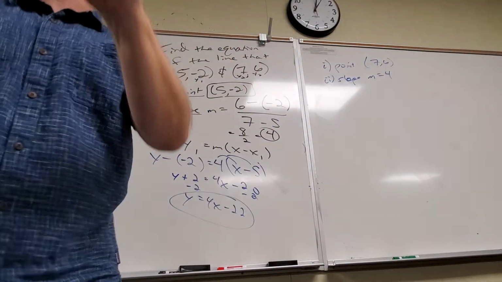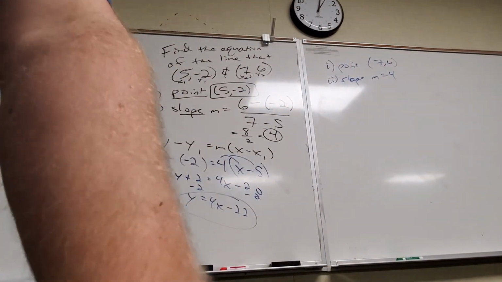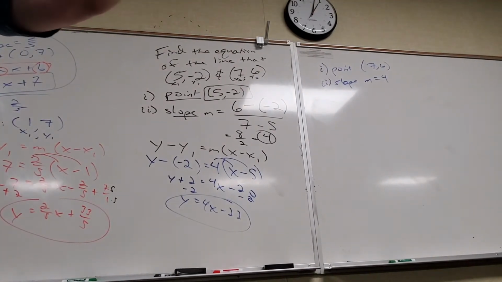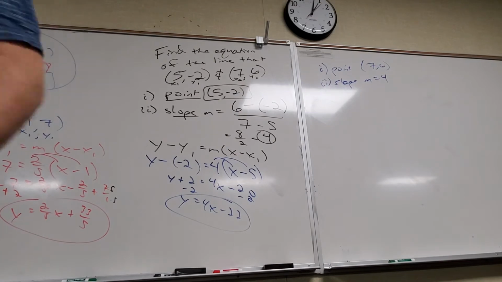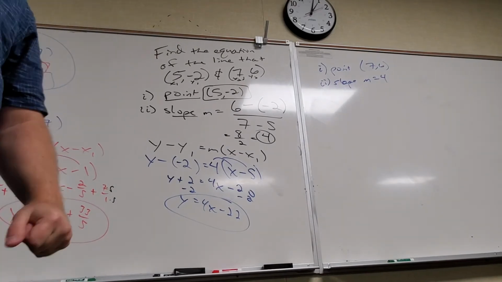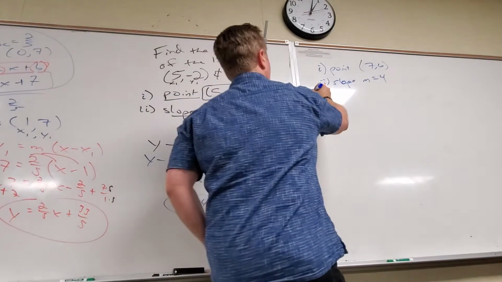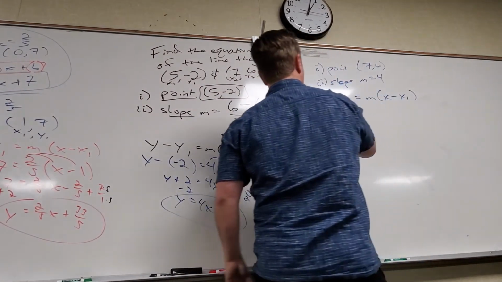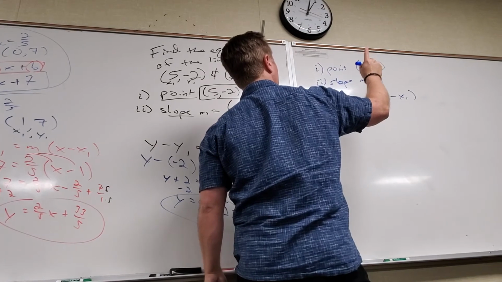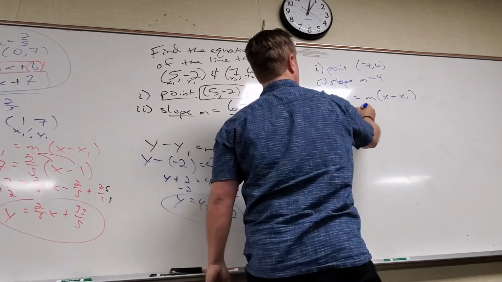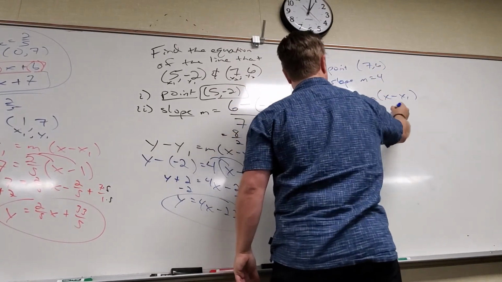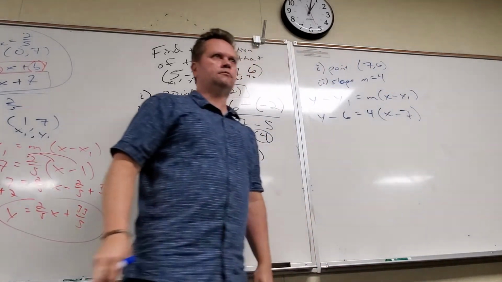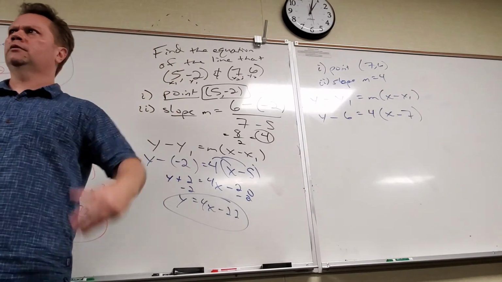So I'm just going to do it again, but instead of picking the point 5, -2, I'm going to pick the point 7, 6. Are you guys with me? Nobody? Okay. Well, we're all together in the same room. That's something. So then I have y minus the y piece equals m times x minus the x piece. So y minus 6, the y piece, equals m times x minus the x piece. Do you see how that gets put together?